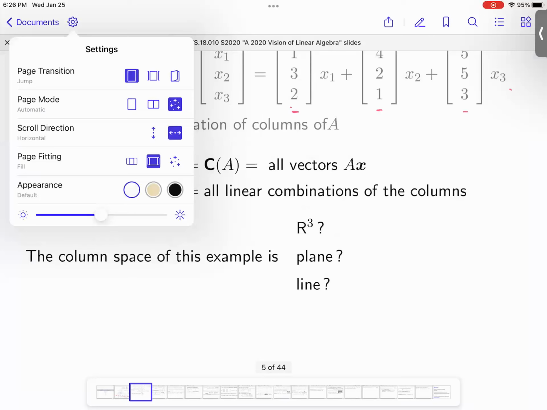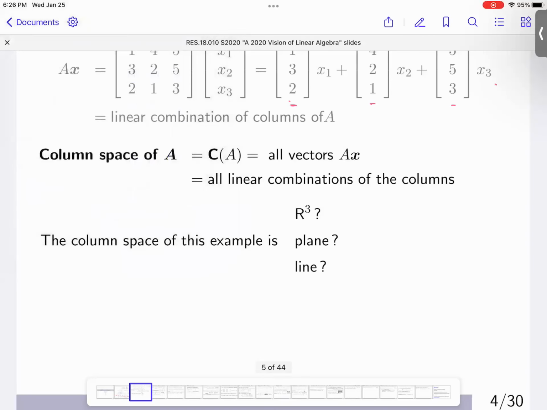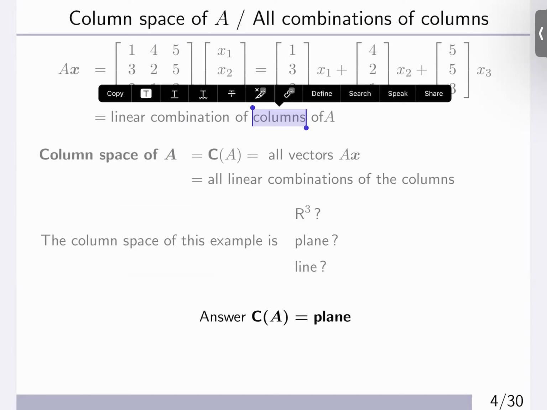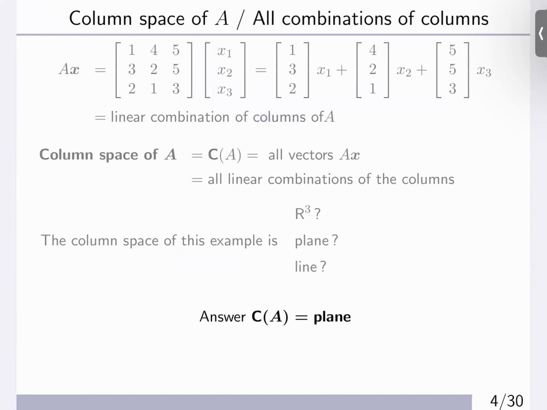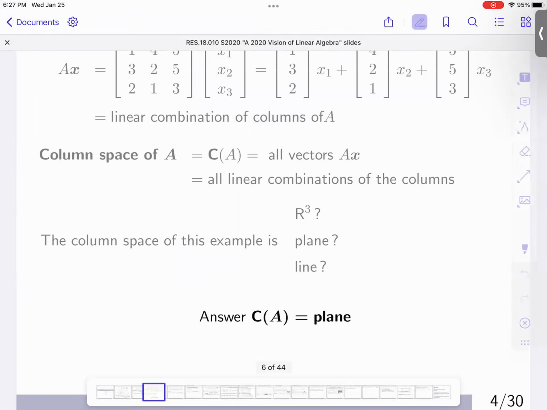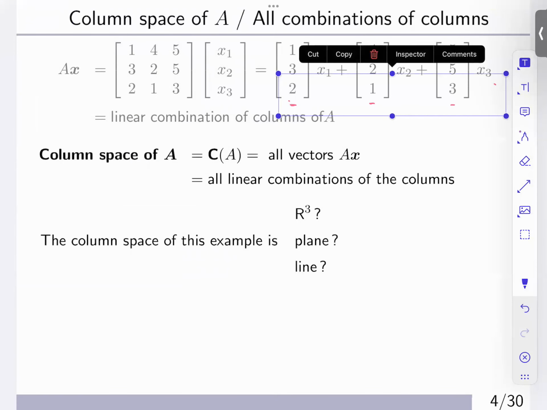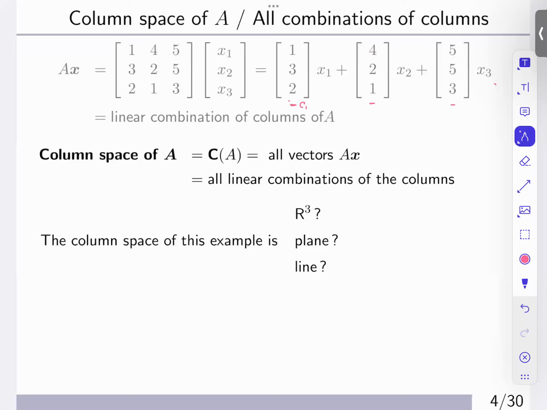So what that means is the third column is a linear combination of the first column C1 and the second column C2, and C3 is equal to C1 plus C2.